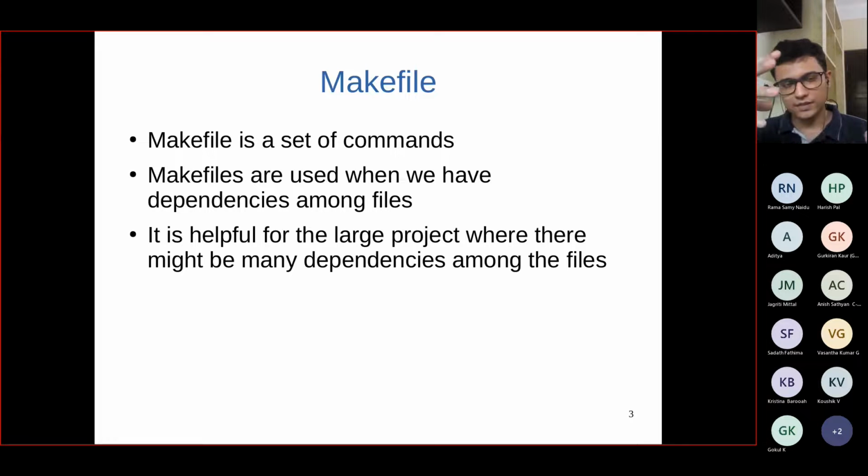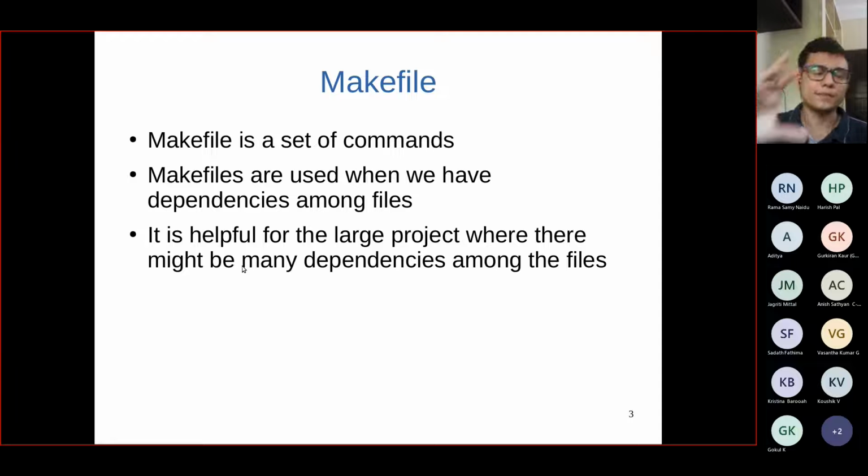If such a dependency exists, it can be modeled as a directed acyclic graph, and you can use makefiles to resolve these dependencies. I would say you can write makefiles to automate the execution flow of your project. This is typically useful for large projects where there are many dependencies among the files.